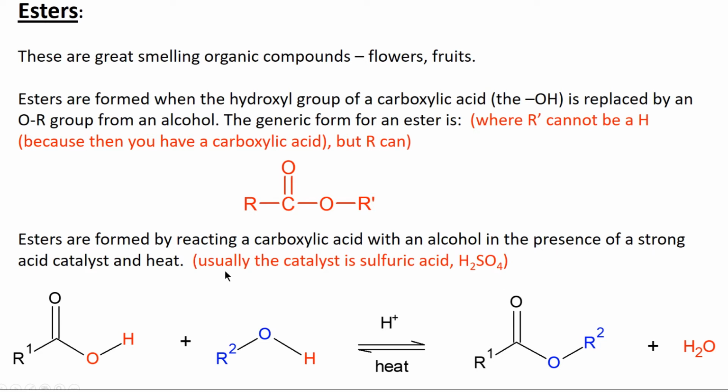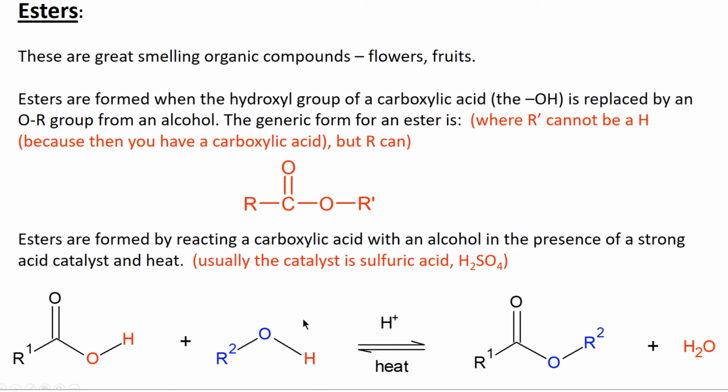All right, so esters are formed by reacting a carboxylic acid with an alcohol in the presence of a strong acid and heat. Again, I'm going to put acid and heat above or below these arrows to show that these are catalysts, which means they help speed up the reaction, but you won't see them in the products. So we have a carboxylic acid with an alcohol.